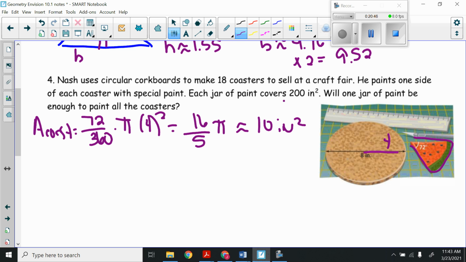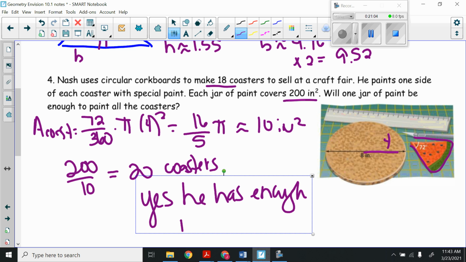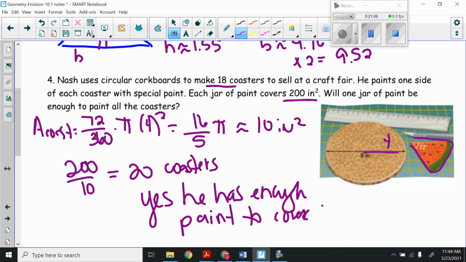I have 200 square inches that it will cover. So 200 divided by 10 gets me approximately 20 coasters that I could cover with that paint. I'm looking to make 18 coasters. So yes, he has enough paint to cover 18 coasters.